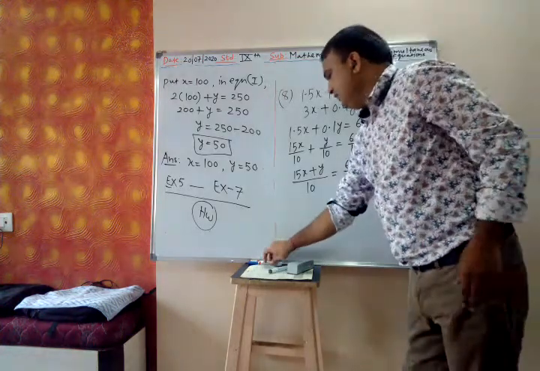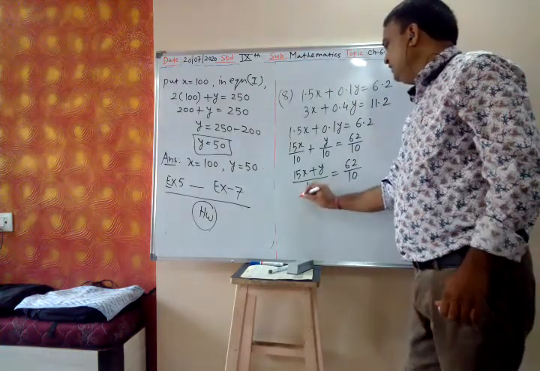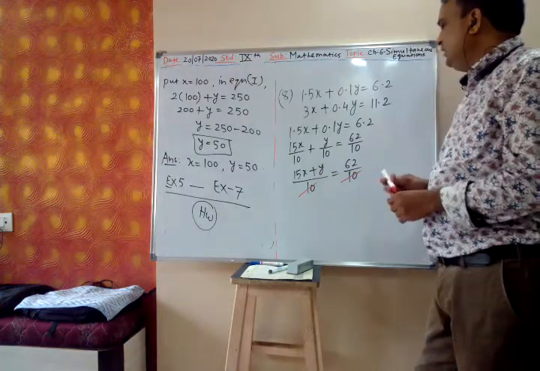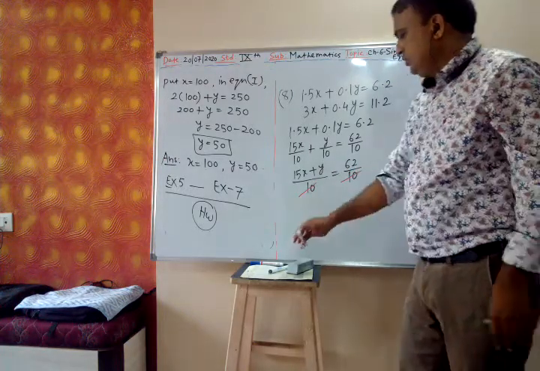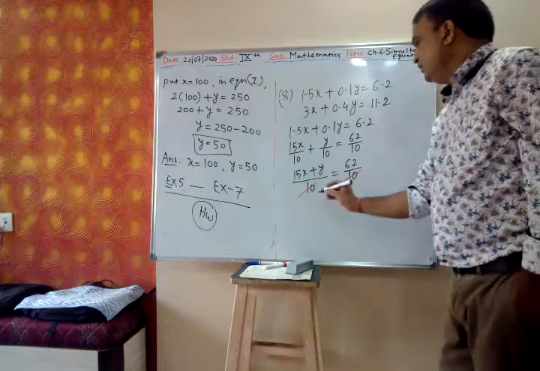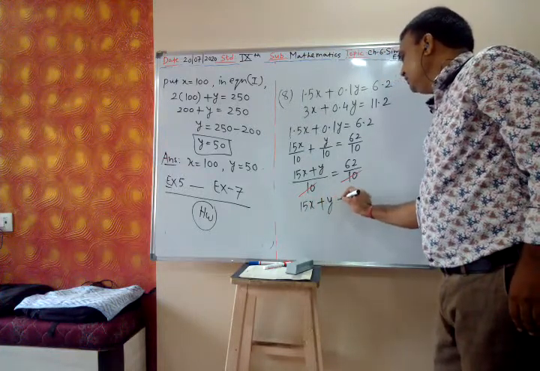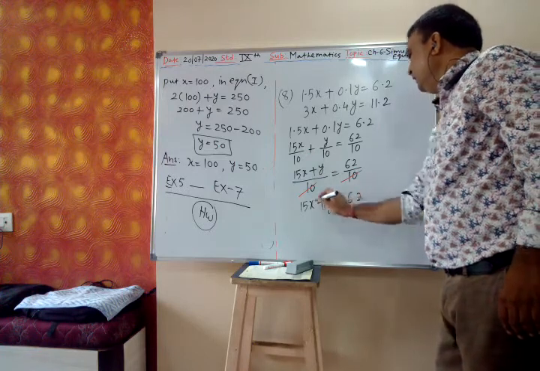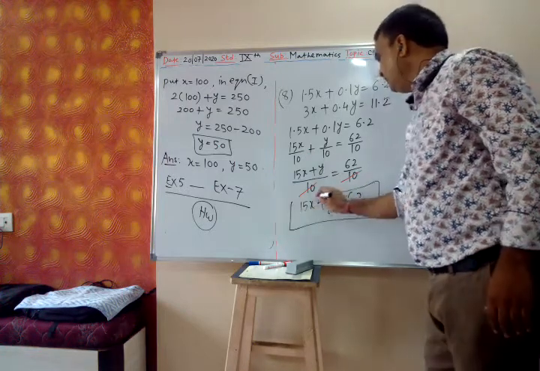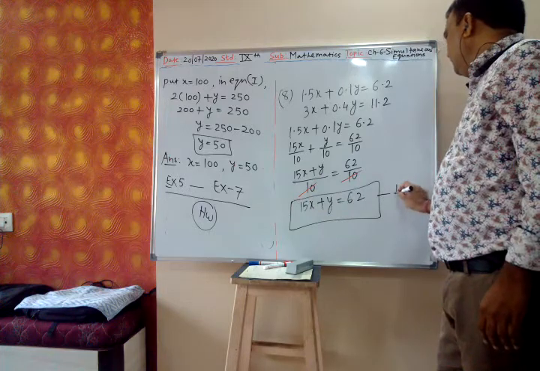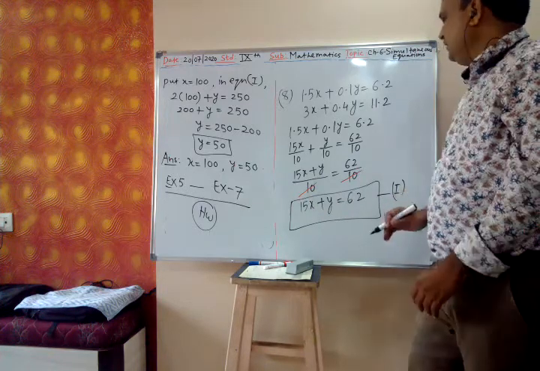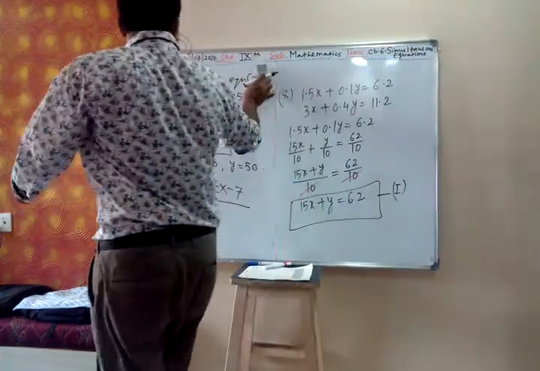Now the denominator is the same, so you can cancel the 10. So you will get 15x plus y is equal to 62, and this is my equation number 1.